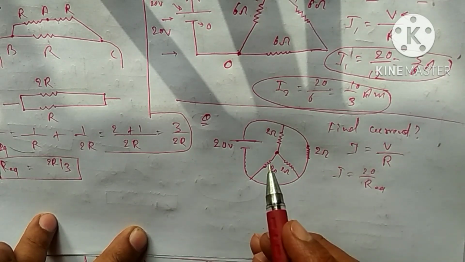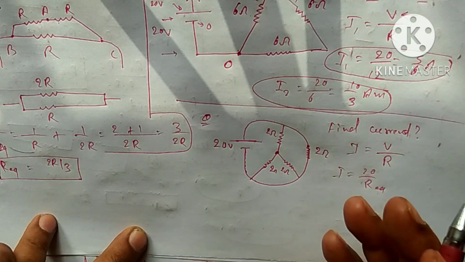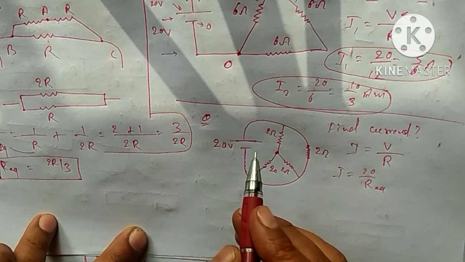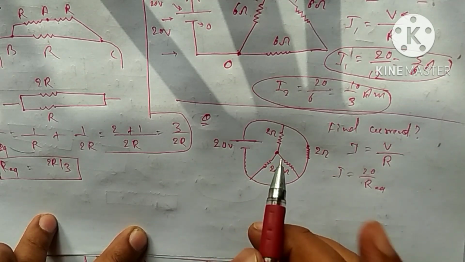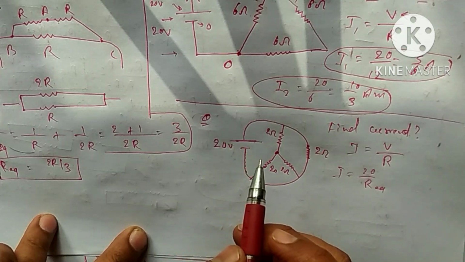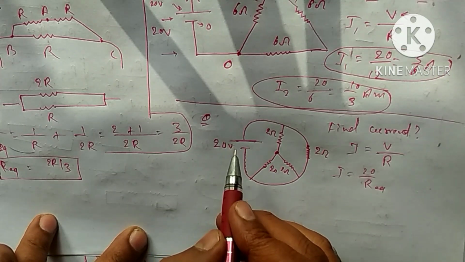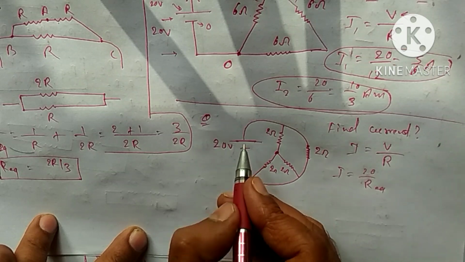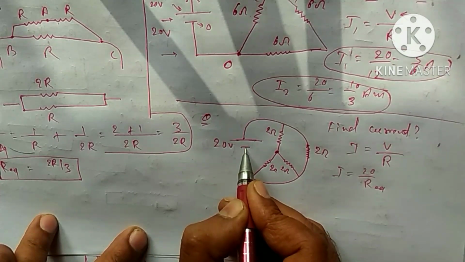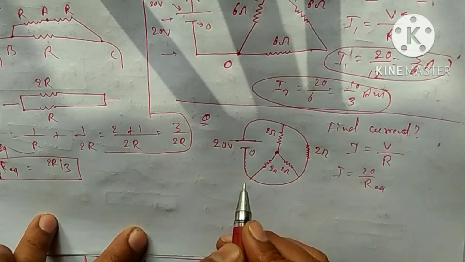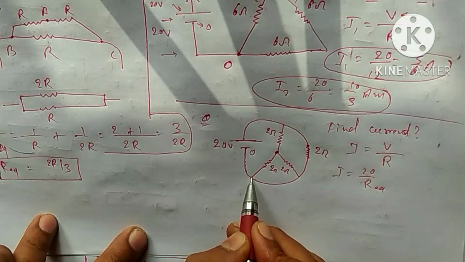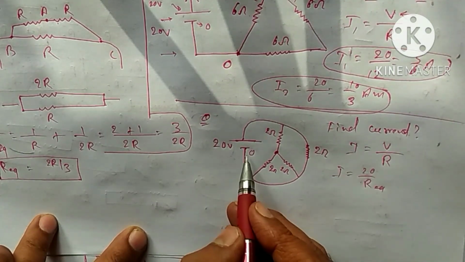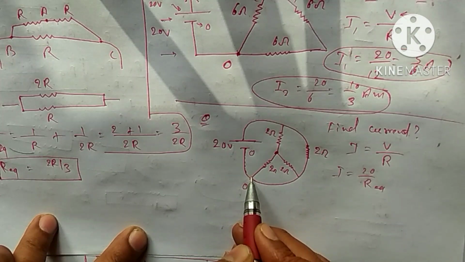Look at the figure by nodal analysis. What is nodal analysis? This is the analysis of the points where the potential difference is 20 volt at 0. This point has 20 volt and this point we can consider 0 volt. Also this point is 0 volt. Why? Because no resistance is available here.